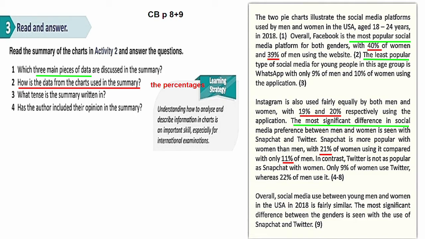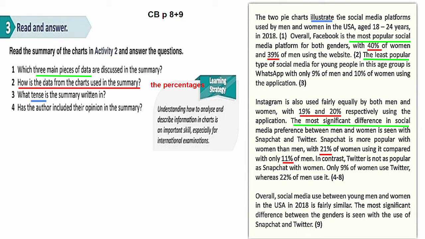Question number 3. What tense is the summary written in? When we say the tense, it means we should look at the verbs. Let's focus on paragraph number 1. We have the first verb, which is illustrate. The 2 pie charts illustrate.